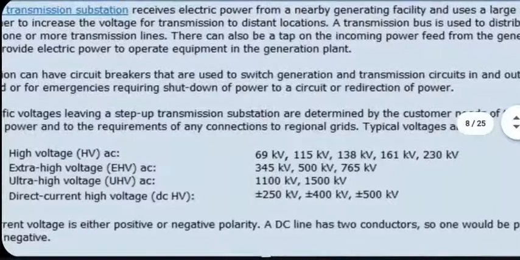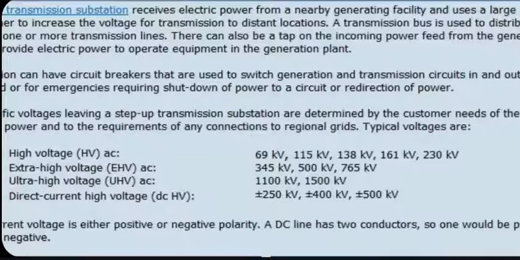Typical definitions for EHV, HV, UHV, etc. Nowadays, even DC transmission is being considered because if you transmit DC over long distances using transmission lines, only the effect of R would matter. Effect of inductance and capacitance would go away. So losses will be less.